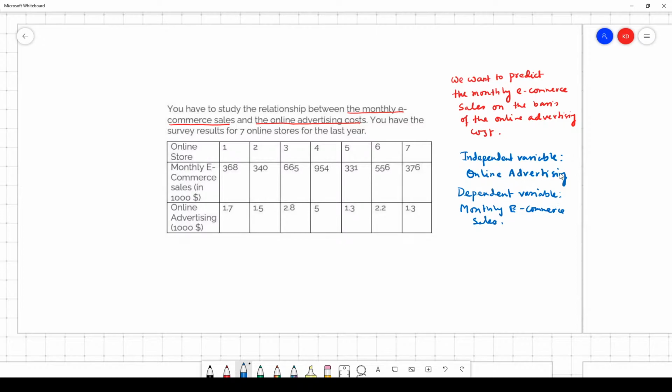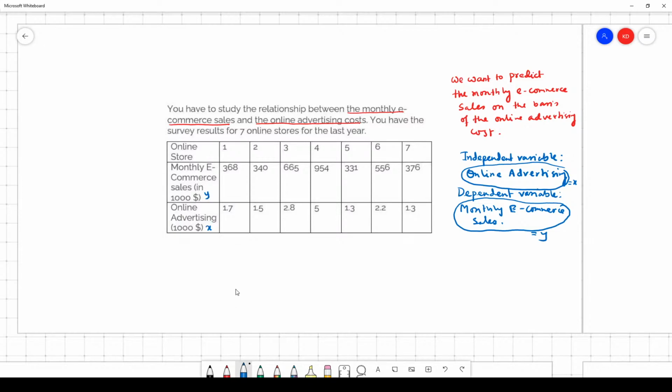I denote online advertising by X, and monthly e-commerce sales, that is the dependent variable, by Y. This is denoted by X and this is Y.